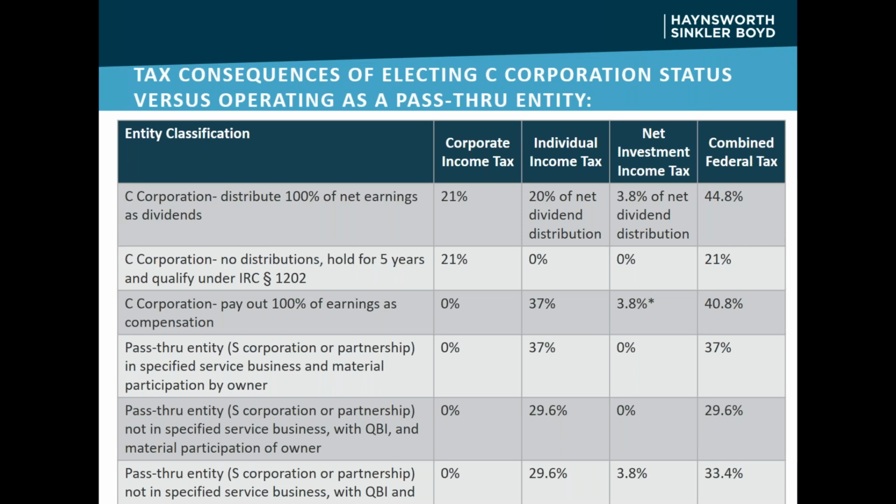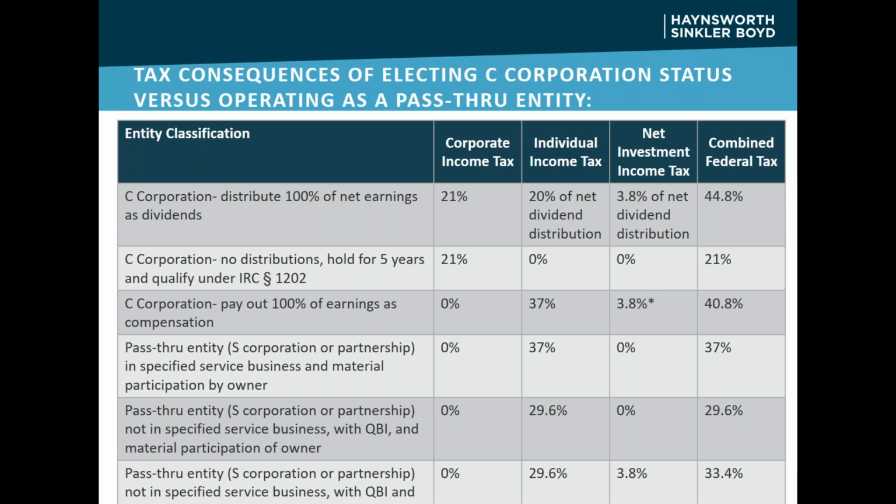Then if the C corporation plans to hold the stock for at least 5 years and reinvest the proceeds in the business rather than making distributions, and you qualify under Section 1202, only this 21% corporate income tax rate applies. We're going to discuss Section 1202 in greater detail after this, but here the total combined federal tax rate is 21%.